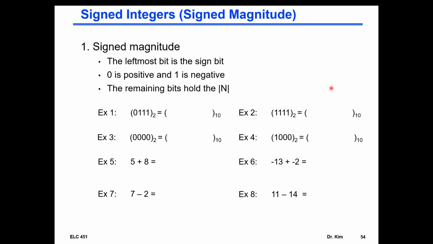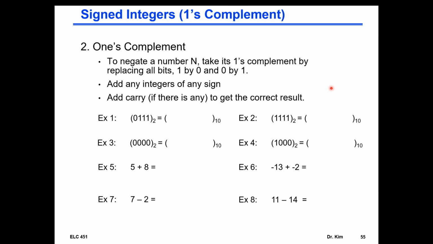So this would be the leftmost bit is the sign bit, 0 is positive, 1 is negative, and the remaining bits are essentially the magnitude as an unsigned integer or an unsigned binary pattern. So these are some exercises that you can do when you get the slides.